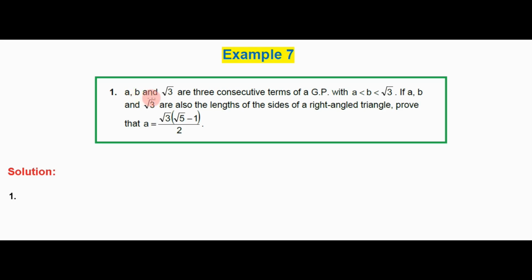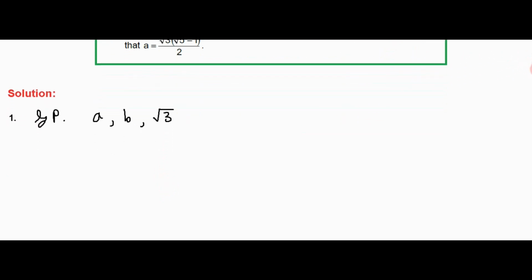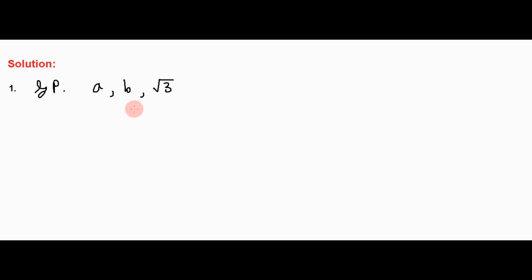We are given 2 bits of information and we want to convert them into equations. The first bit of information says that a, b and the square root of 3 are 3 consecutive terms of a GP. So our GP is going to be a, b, and the square root of 3. We need to convert this information into an equation, and we're going to use the fundamental property of GPs.